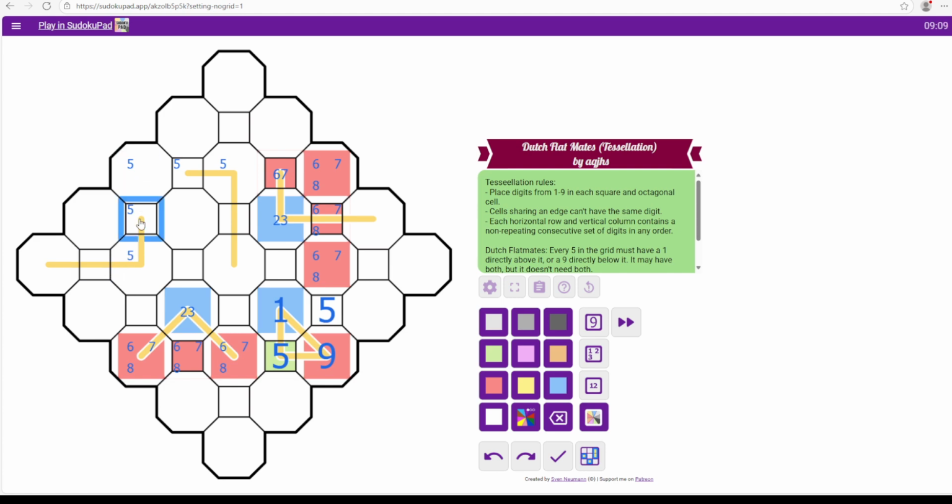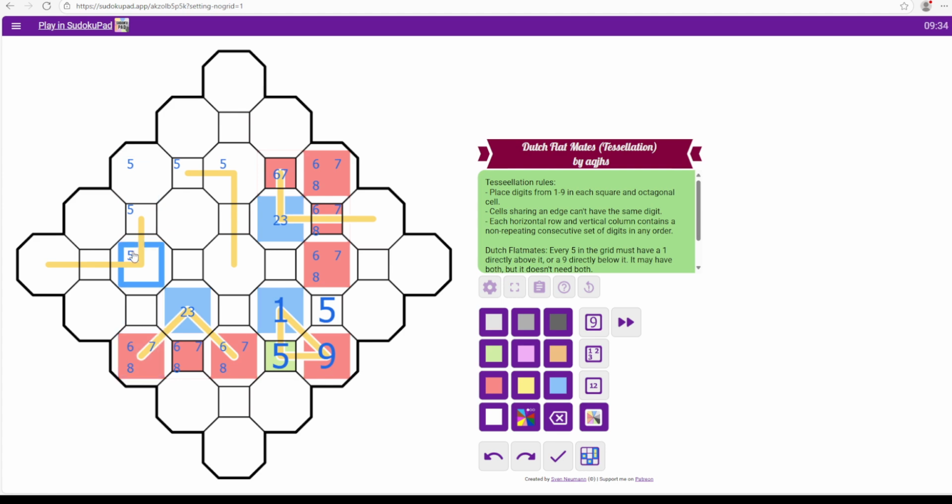5 forks out as a 9, which could work. Oh wait, no, if this was a 5, well, that would be a 9. You actually can't have a 1 here. Well, like, this in theory does work. The 1 breaks the tessellation rule.